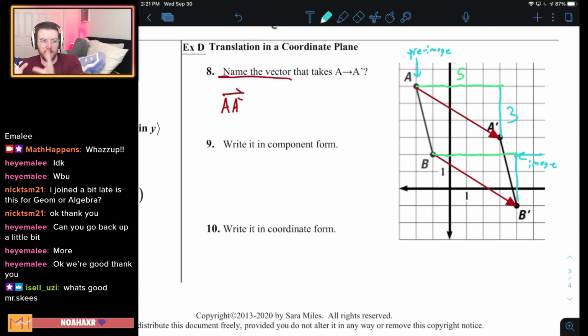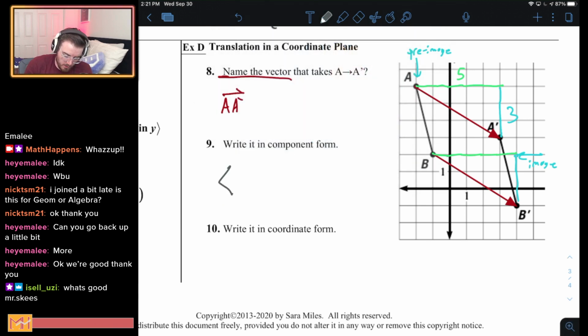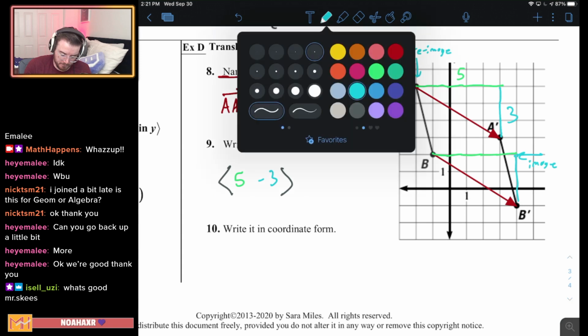Everything got shifted. This entire segment just got scooted to the right 5 and down 3. So in component form, it went right 5, down 3.